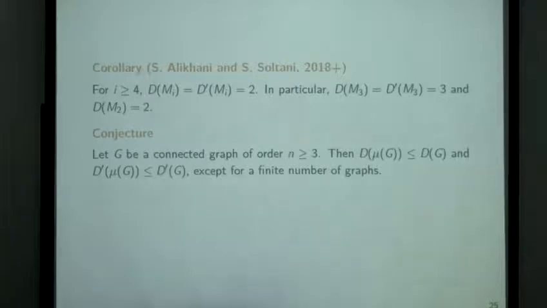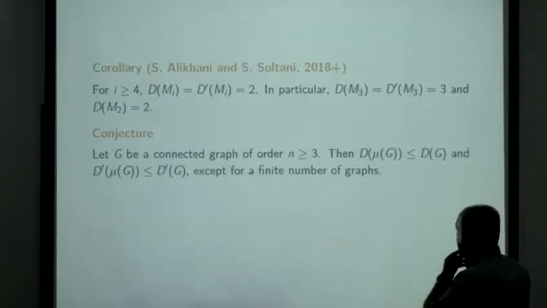As you see here, the distinguishing number of this kind of graph is exactly 2 for every i greater than or equal to 4. As I said before, we proved that the distinguishing number of μG is less than or equal to D(G) plus 1, but we think that we can improve this upper bound.